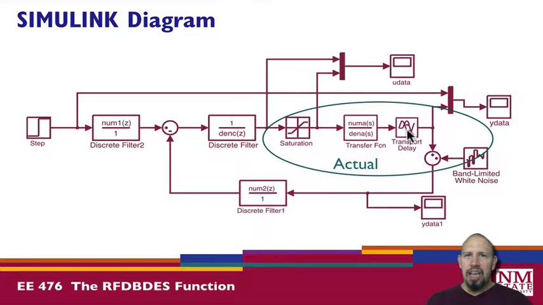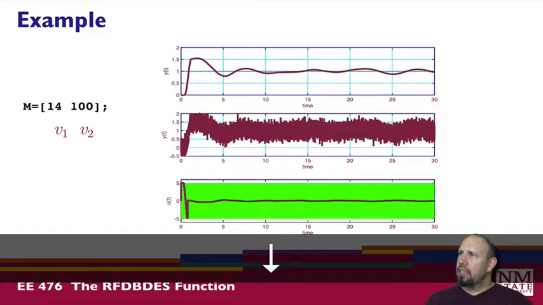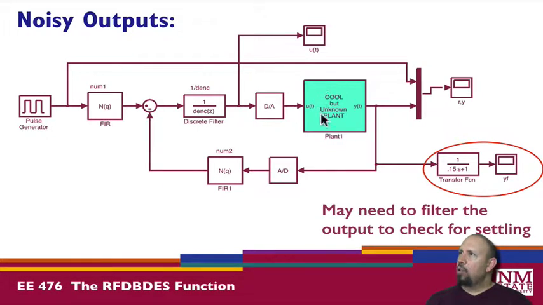So this is kind of a contrived example because we actually know a lot about the system, and we're just comparing what happens in the event that we have a mismatch between the actual and the nominal. But in practice, you will not have access to the guts of what the plant is. You will just have a plant with an input and an output.